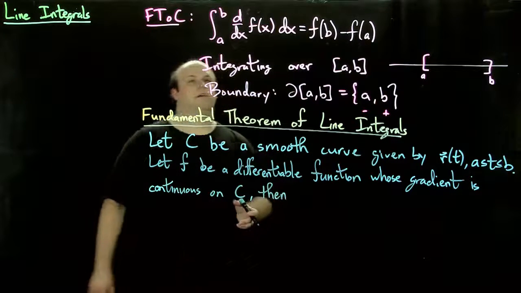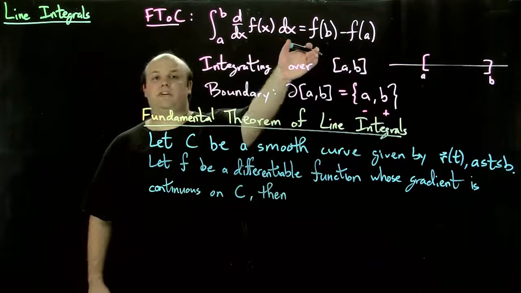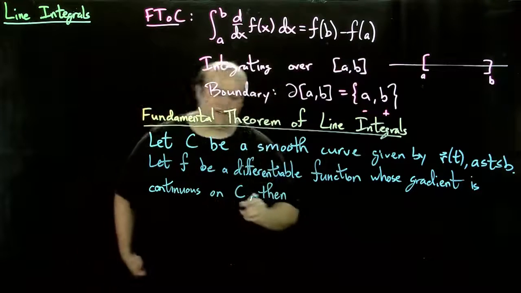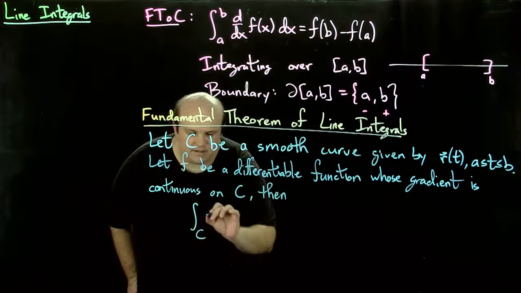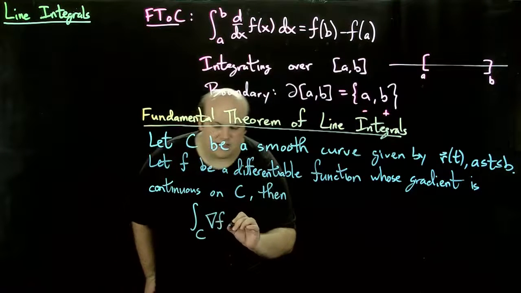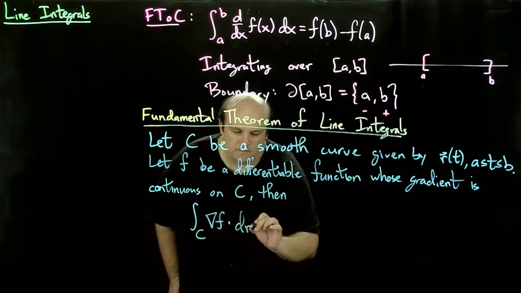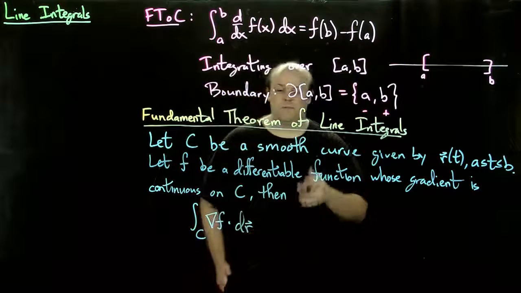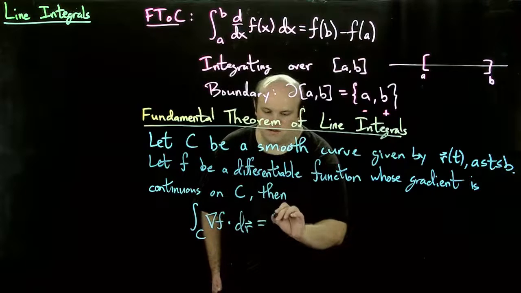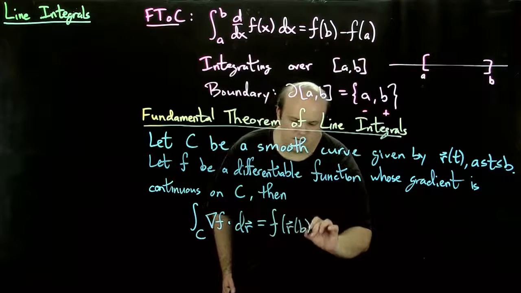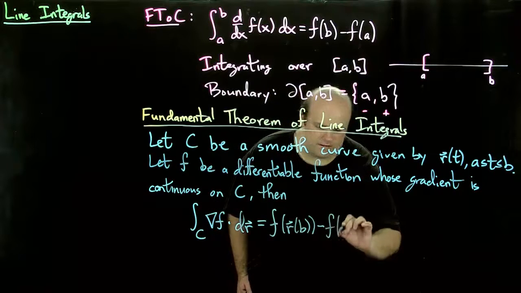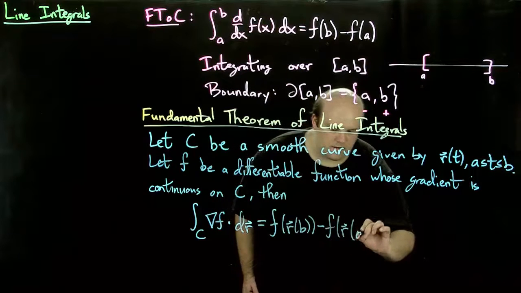Well, we get something that's a generalization of this. It's the integral over C of the gradient f dot dr equals f at r of b minus f at r of a.